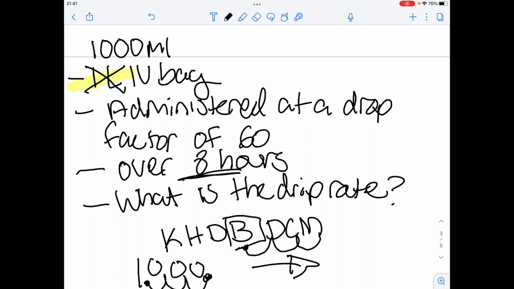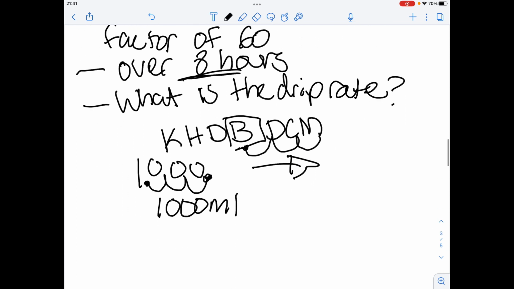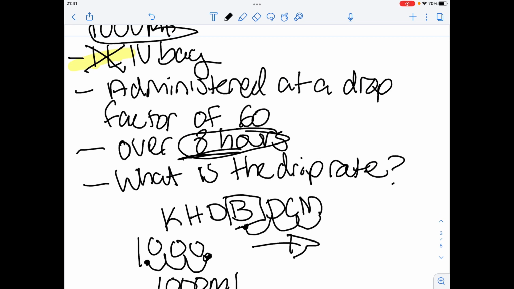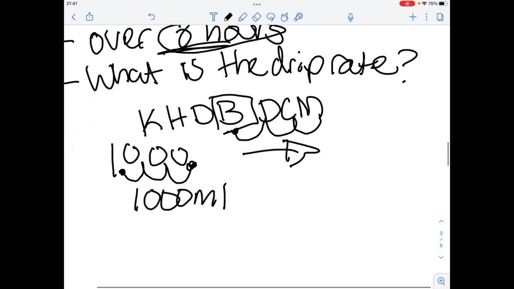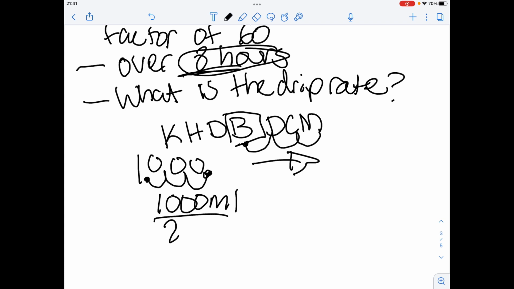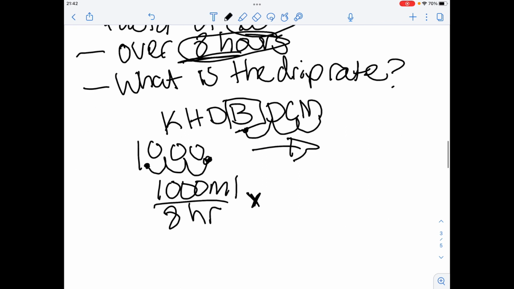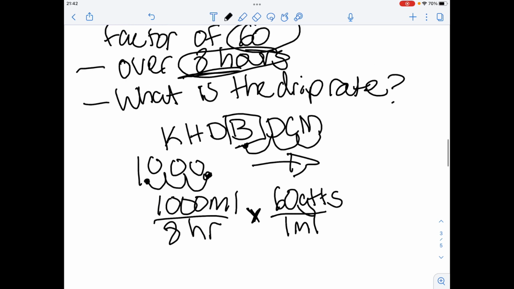Okay, so now we know that we can take 1,000 milliliters over 8 hours, and that is our flow rate. Times, here we're given a drop factor of 60. So 60 per 1 milliliter.